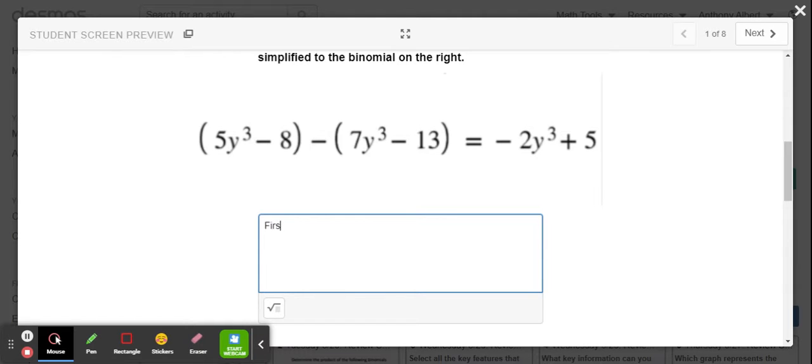So first, we must distribute the negative sign to get rid of the parentheses, then we can combine like terms in order to get our final answer. We need to pause real quick so you can copy that down onto your slides. Feel free to do so, and then start back up and move on to the next one.